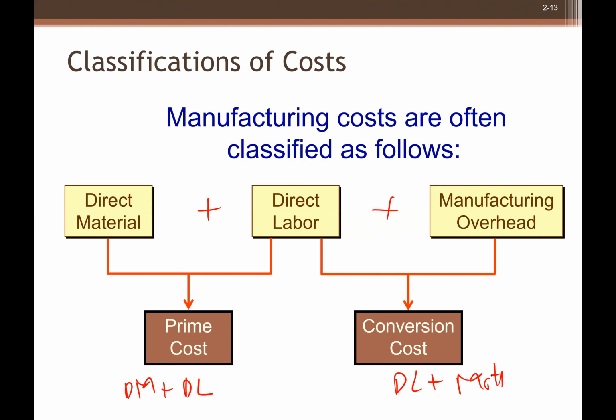The reason is that for some businesses, the material cost is zero. Their huge costs are direct labor or manufacturing overhead. For example, software houses don't have direct material, right? They have the product called software, and on that software, which one is the highest? Direct labor.